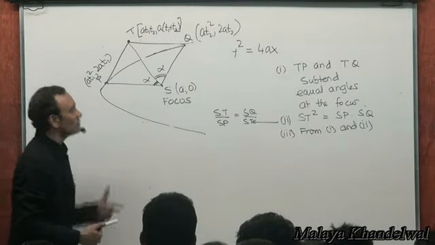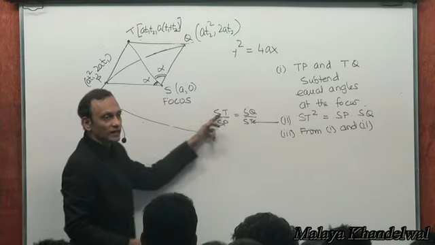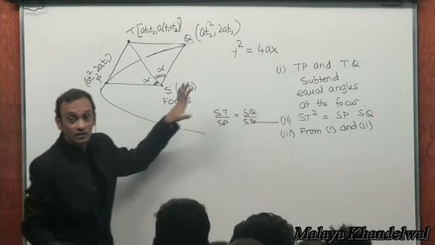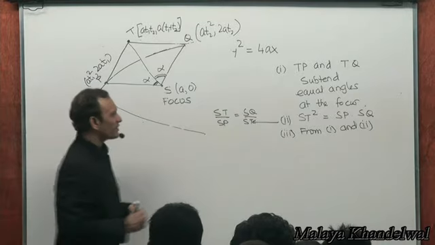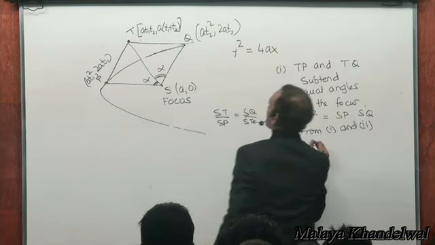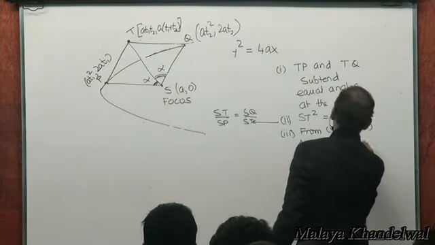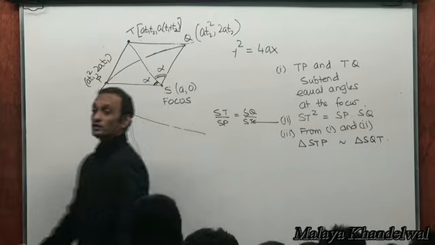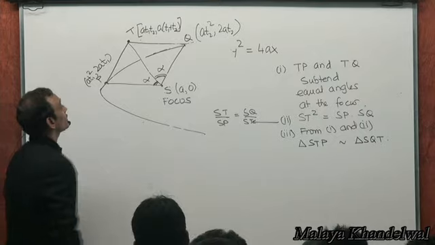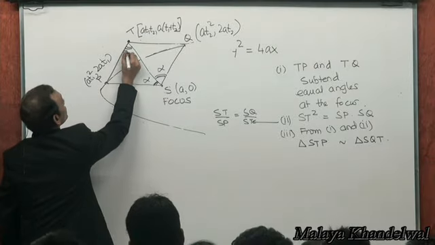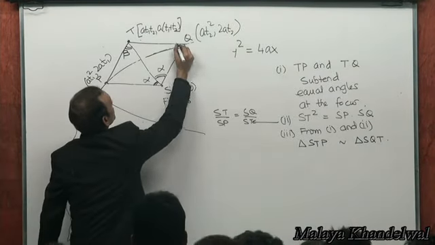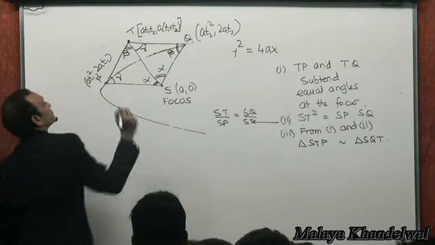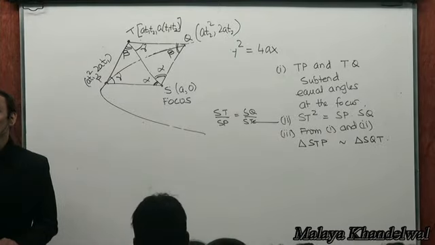Two sides and the included angle are proportional. Please check for yourself. Are they not similar triangles? So triangle STP is similar to triangle SQT. And if this angle is beta, this will be beta. If this is gamma, this will be gamma. Such would be the disposition of the two triangles.